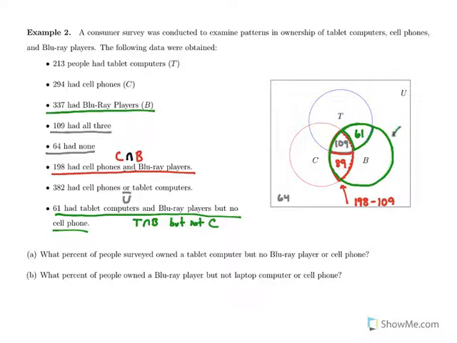So in this piece, we should have the total number of people there, 337, minus all of those other pieces, which is going to be 109 plus 98 plus 61. If we add all of that together, we get 69 in that little chunk. So again, if you add 61 plus 69 plus 109 plus 89, that's everything in the Blu-ray circle. That should give us 337.